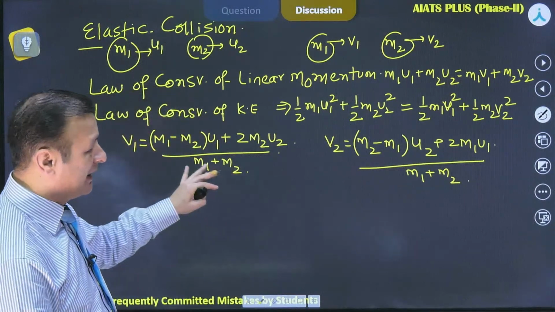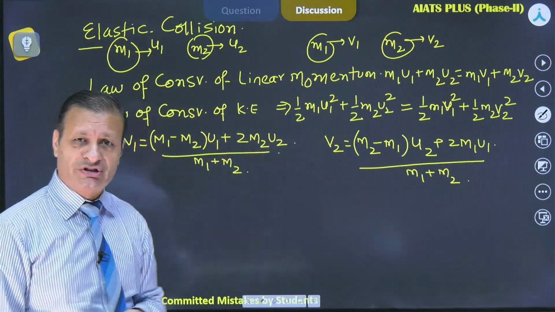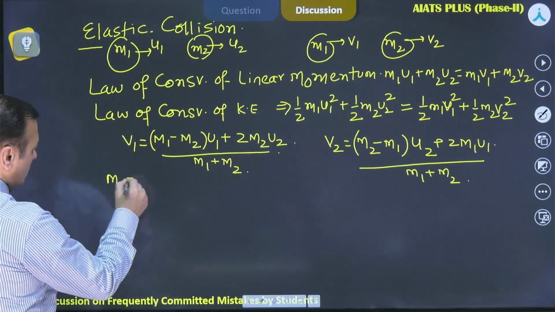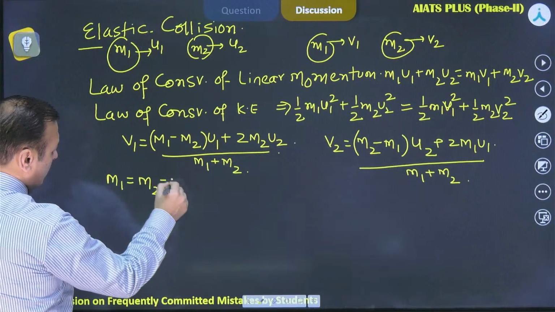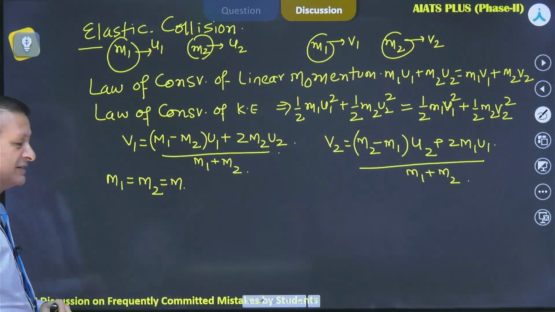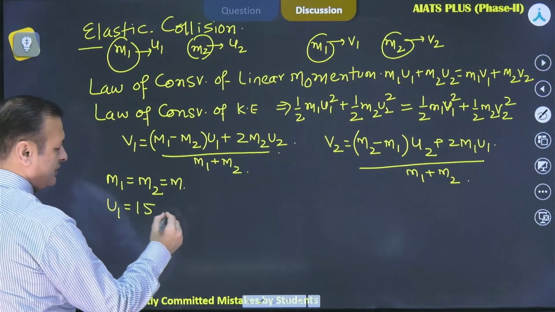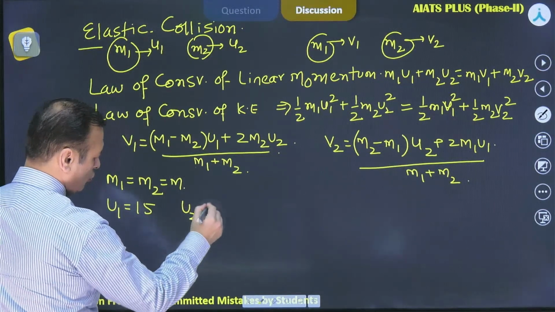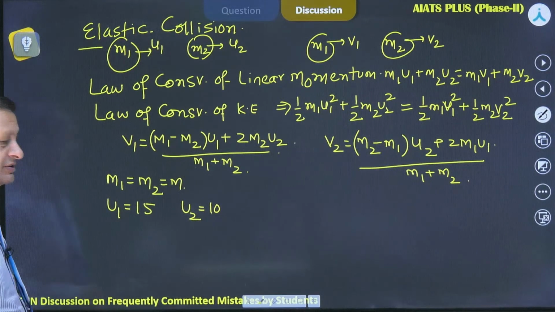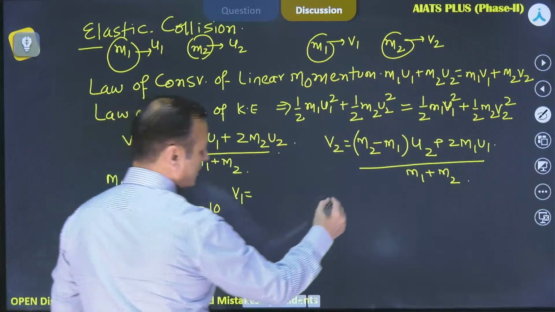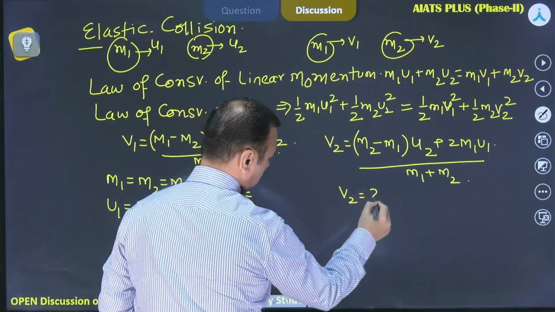So let's apply the same to the given situation, and in the given situation m1 and m2 were equal. So let's take it as m. u1 was given to you as 15 meter per second and u2 was known to us as 10 meter per second, and we were supposed to find out v1 and v2.